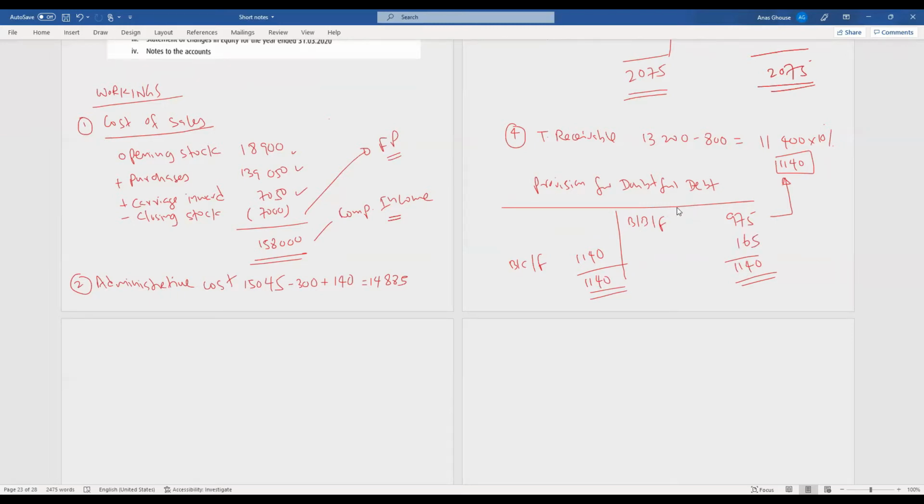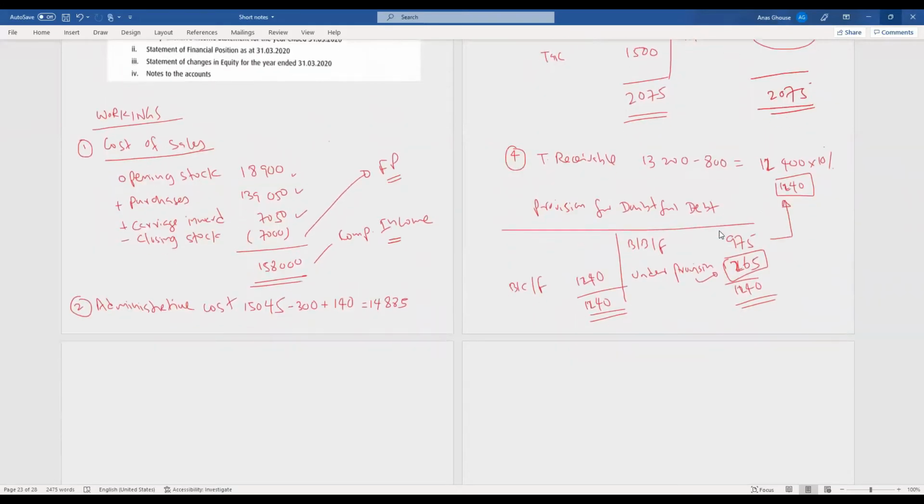Okay, so in fact, this should be 12,400. So therefore, this should be 1,240. So therefore, this amount will be 265. Therefore, the under provision is 265.